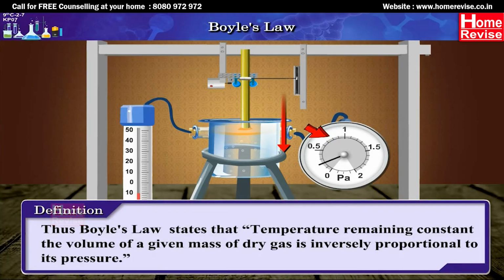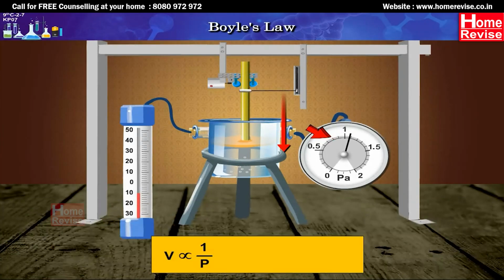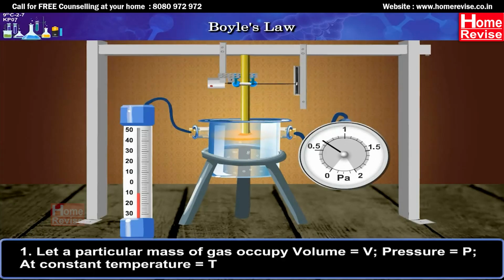Thus, Boyle's law states that temperature remaining constant, the volume of a given mass of dry gas is inversely proportional to its pressure. V is inversely proportional to P, where T is constant. 1.